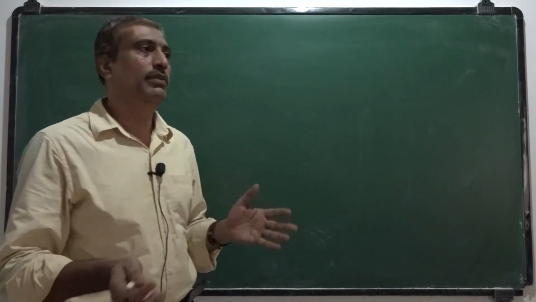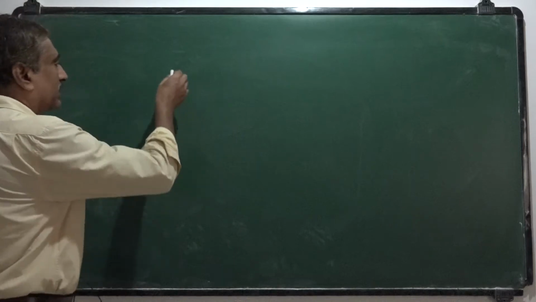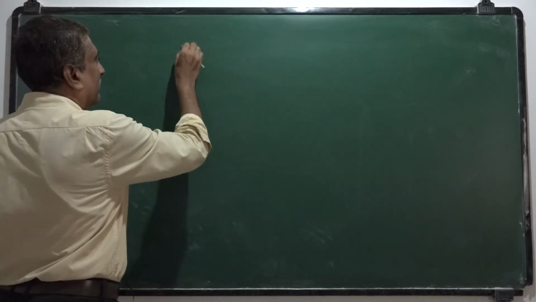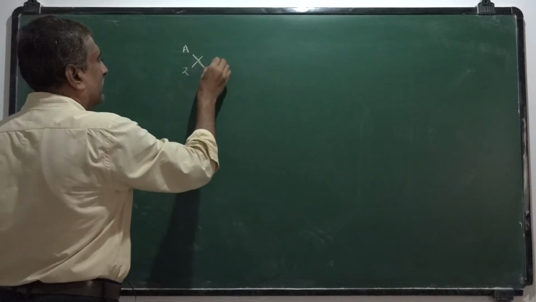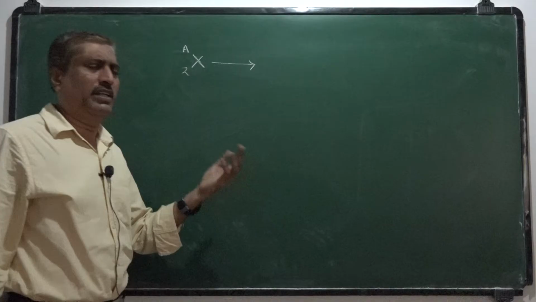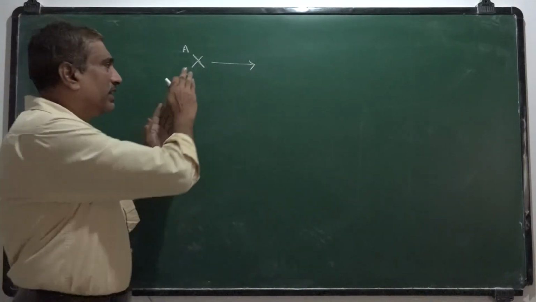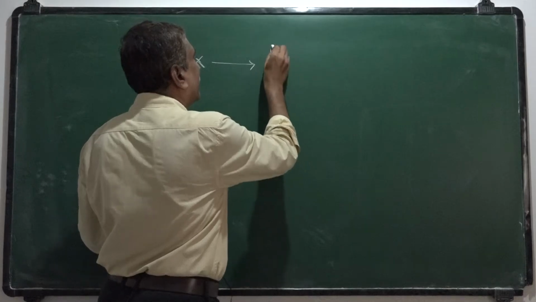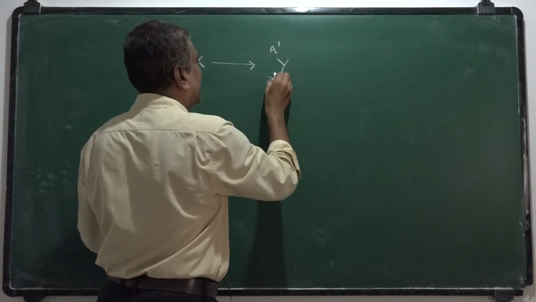As we know, by alpha or beta decay, a nucleus of mass number A and atomic number Z changes to another nucleus A dash and Z dash.